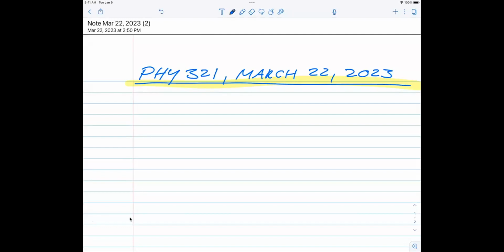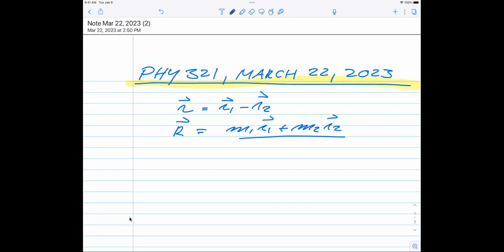Now, a quick reminder of what we had on Monday. So we have a differential equation, since we transformed to the relative and central mass motion. So we have R = R1 minus R2. And then we have the total central mass position, which is the mass of object 1 times its position, plus mass of object 2 times its position, divided by the total mass.